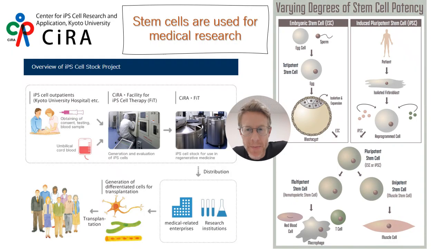You don't need to know about iPS cells, but I wanted to point it out because we live near Kyoto University, where iPS cells were invented by Yamanaka-san, the doctor there, and he got the Nobel Prize for that. So he found a way to genetically modify differentiated cells, like adult cells, and turn them back into stem cells.